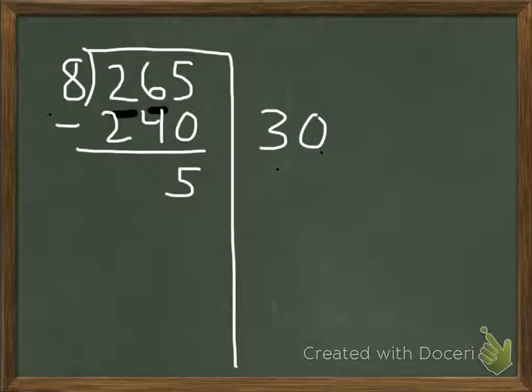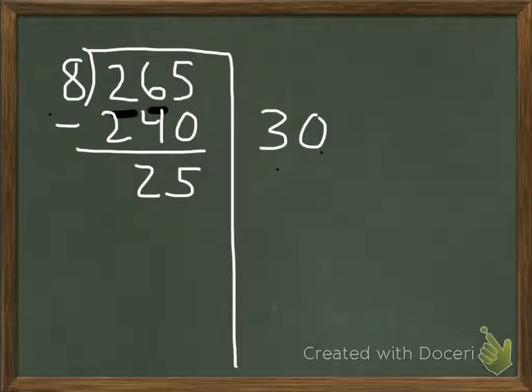So you can see I have my 30 here, and that 30 times 8 would give me 240, and of course I have 5, but I'm not done. I still need to subtract the 4 from the 6, and that gets me 25. Well, 25 is what's left, and that's all I have left to work with here.